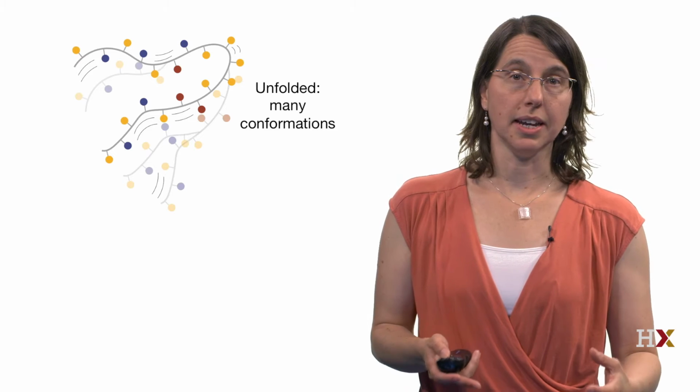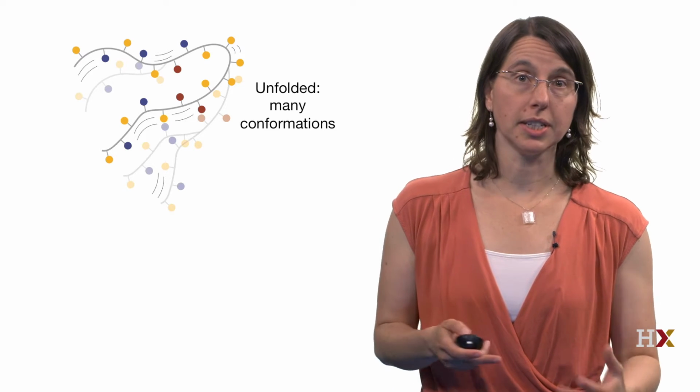And so now I've gone to a schematic diagram that illustrates an unfolded protein, with all the little colored spheres as the side chains of the amino acids. When the protein is unfolded like this, it will have many, many different conformations that it can take, and these conformations can interchange.